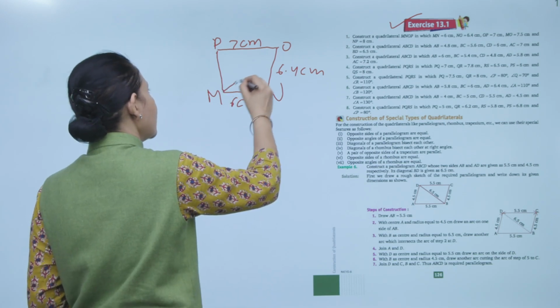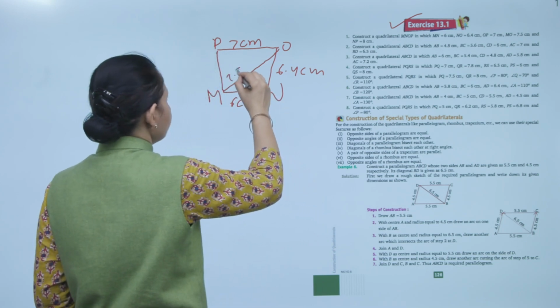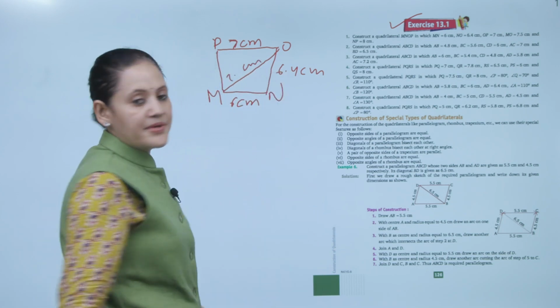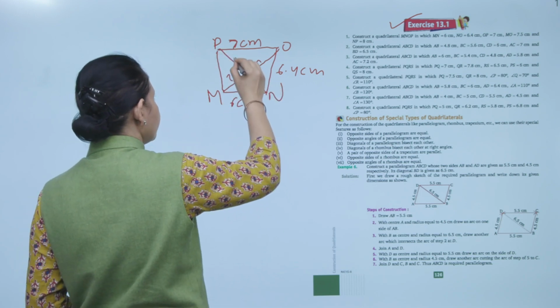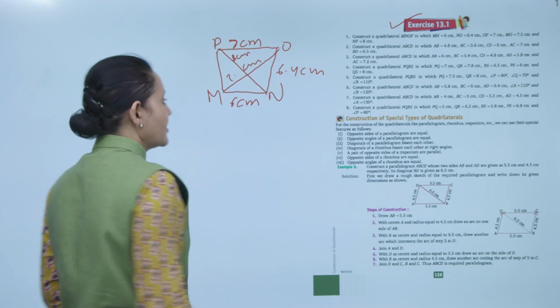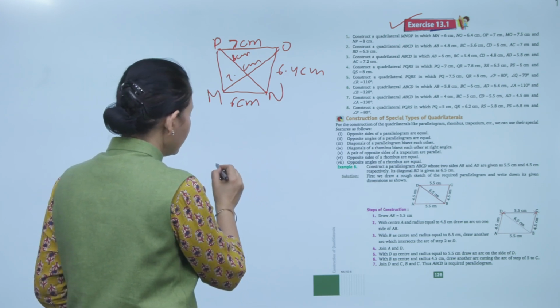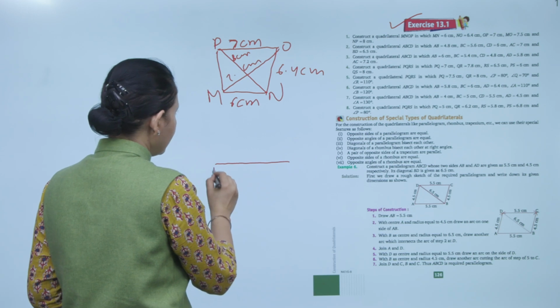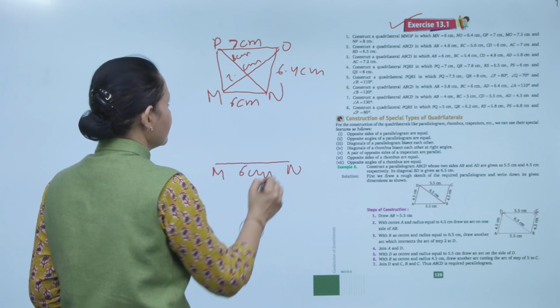MO means the diagonal, that is 7.5 centimeter. And NP, another diagonal is given, that is 8 centimeter. Clear? So for that, first we'll draw a line segment MN, that is 6 centimeter.